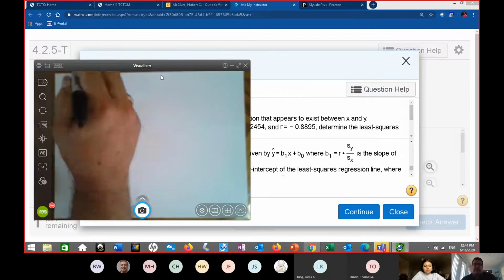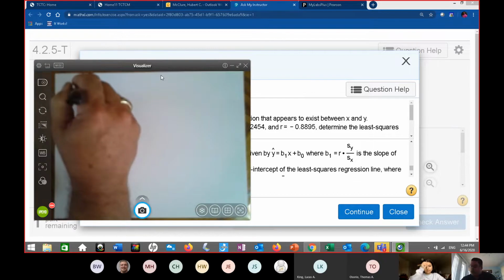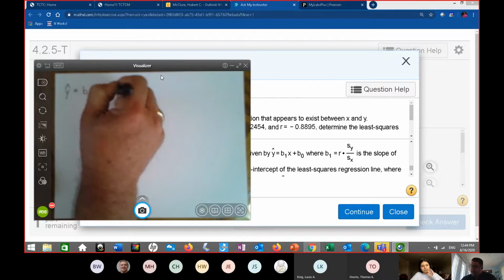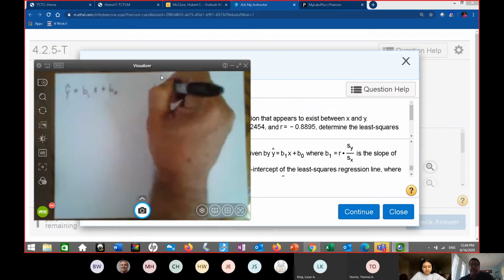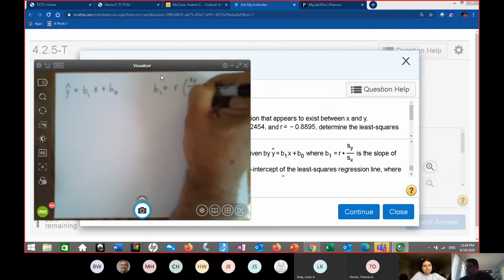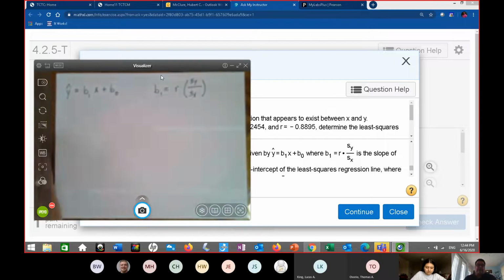So let's go with y hat is equal to b sub 1 x plus b sub 0. And then we've got b sub 1 is equal to r times s of y over s of x. And that's the slope.